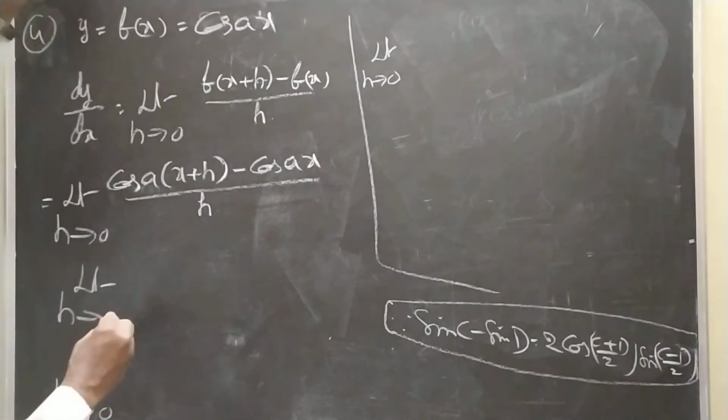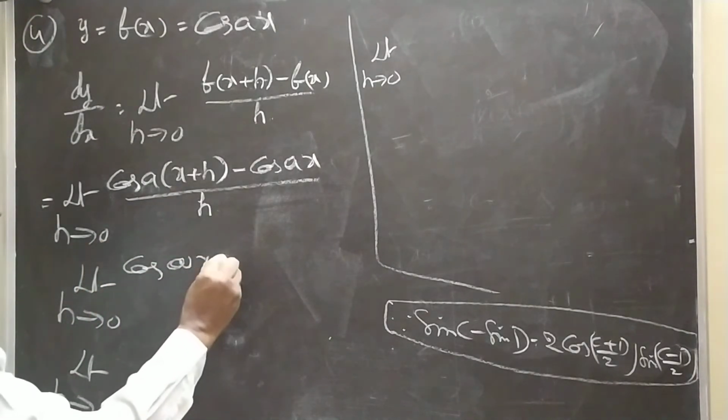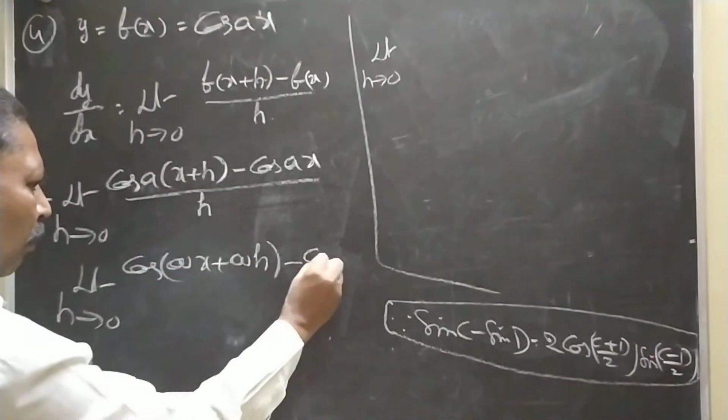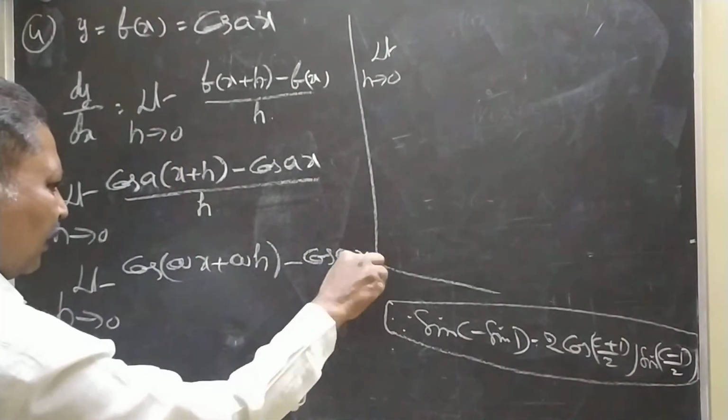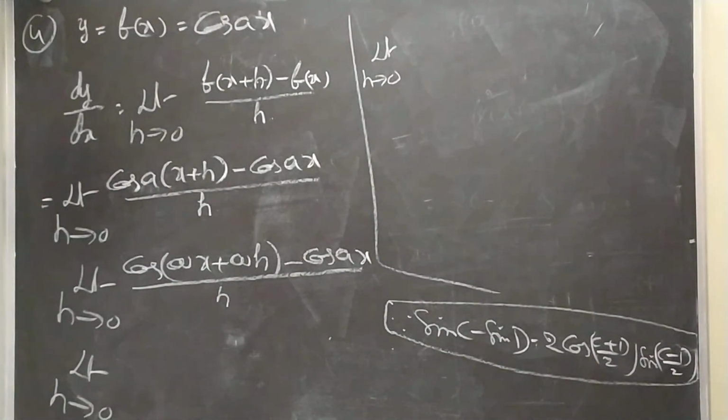Limit h tends to 0, cos of ax plus ah minus cos ax, whole divided by h.